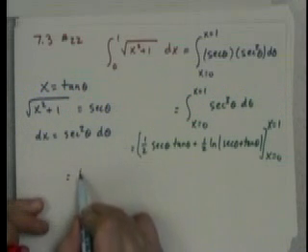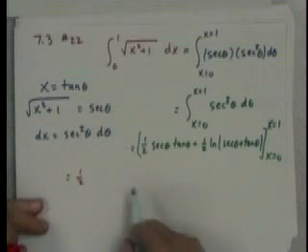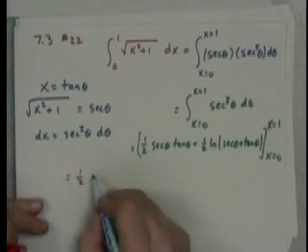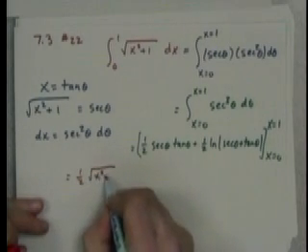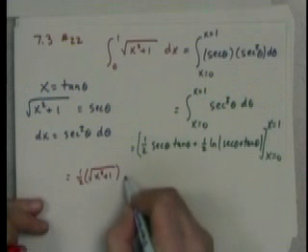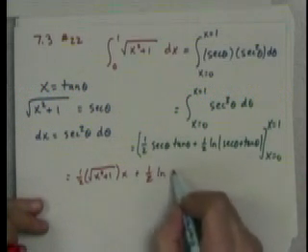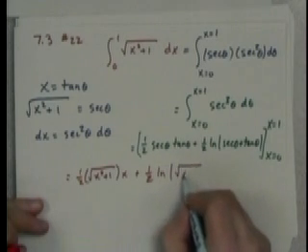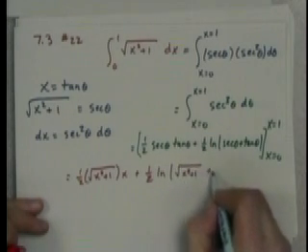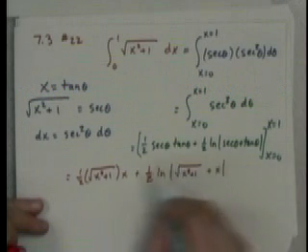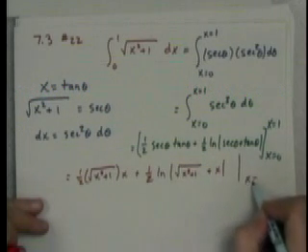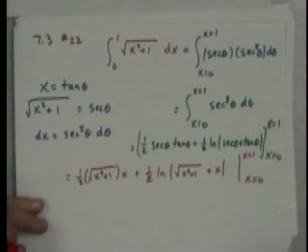So I get 1/2 secant times the tangent plus 1/2 the natural log of the secant plus the tangent. And this is all evaluated from x equals 0 to x equals 1.